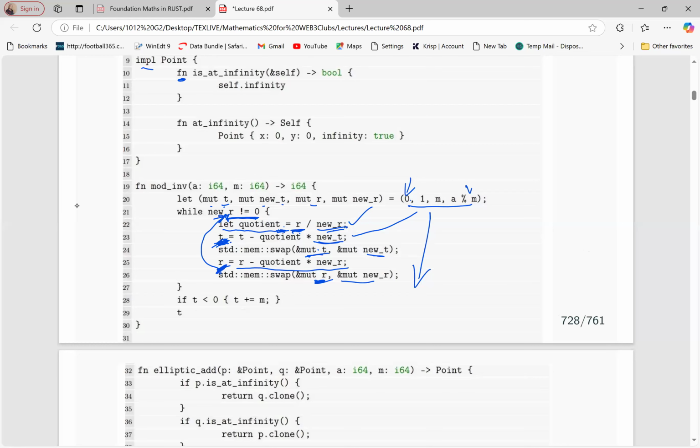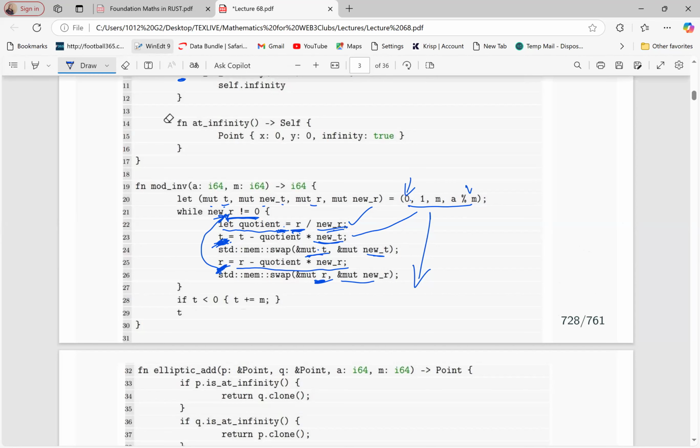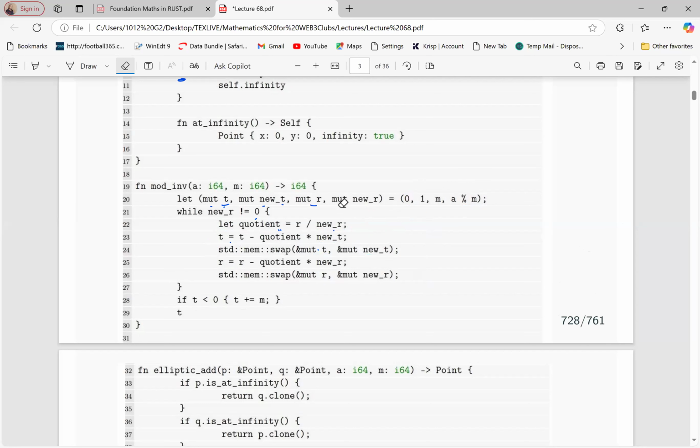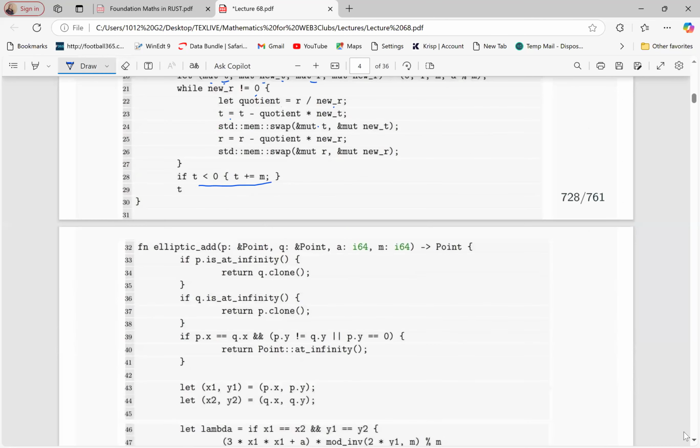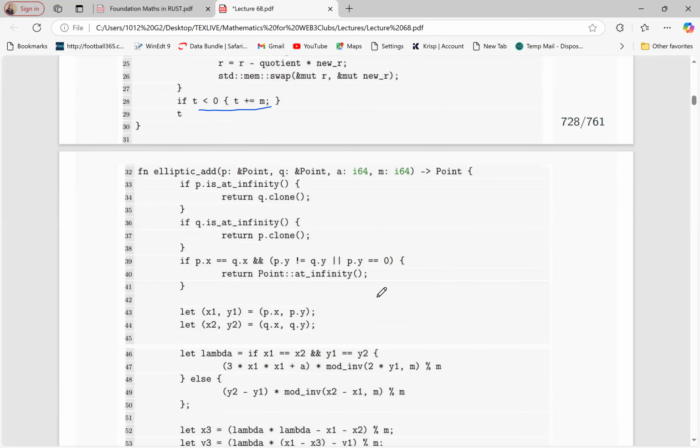If the new R is not 0, repeat that process. Now, when the new R is 0, whatever you have as T above becomes the inverse. And if it's less than 0, you add M to it. So that is what this function will be doing at that point.